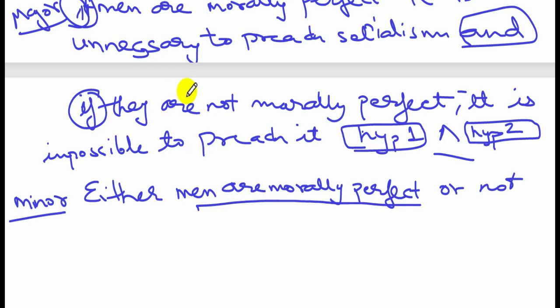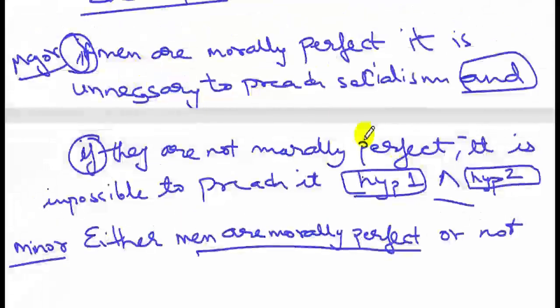What is the antecedent? The first part was the antecedent. That is hypothetical statement 1 was the antecedent. Men are morally perfect, or not. Then they are not morally perfect.